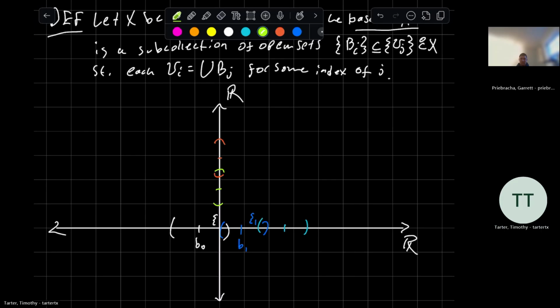Well, this makes an interesting shape in what's known as the product topology, because it looks like boxes, right? So this is the starting point, and this is the top height.